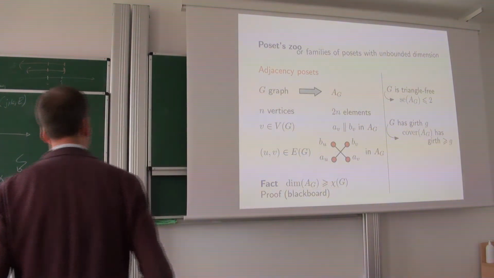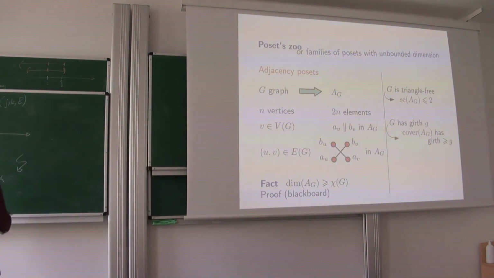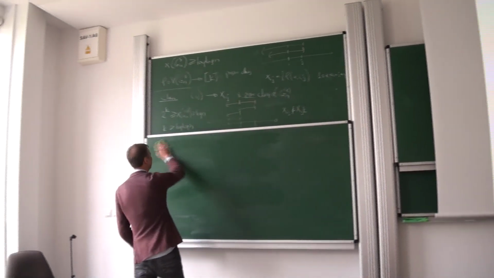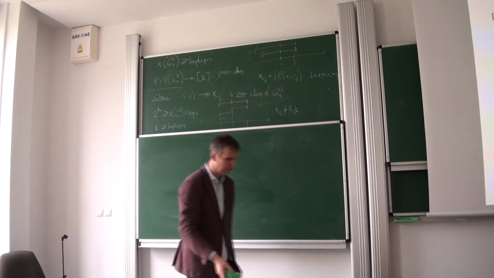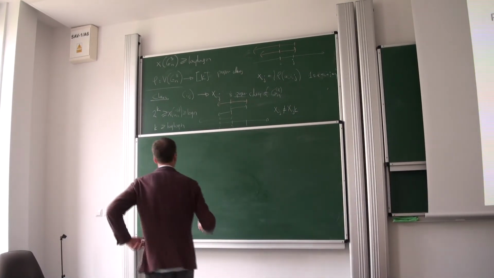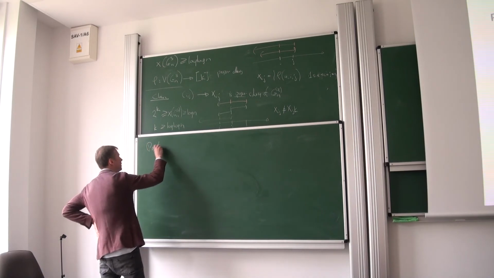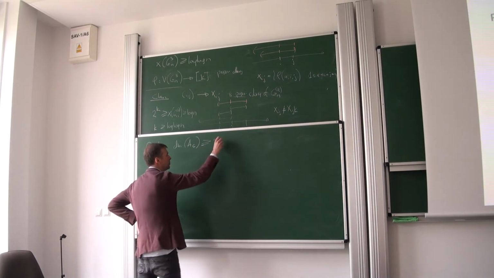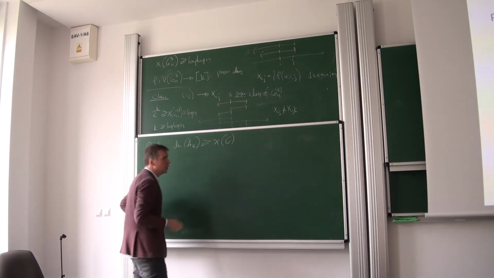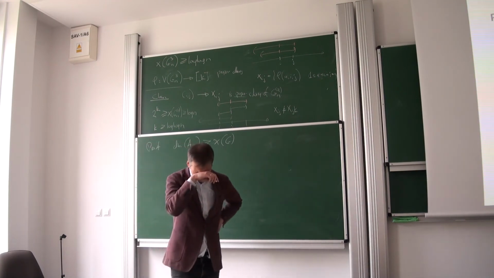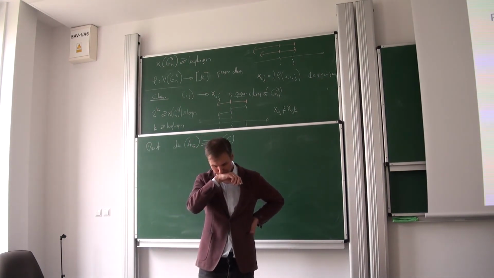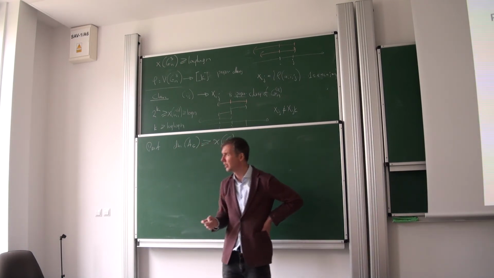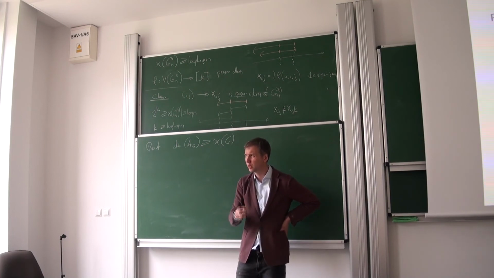So, yeah, let's prove this. The statement is that dimension is at least the chromatic number. The dimension of A(G) is at least the chromatic number of G. So we should take a realizer and produce a coloring of the graph.